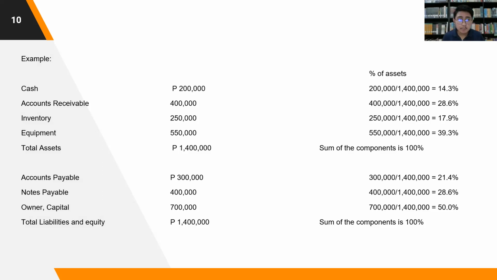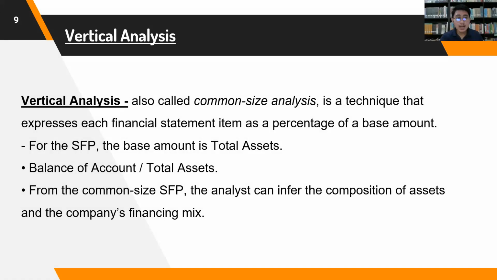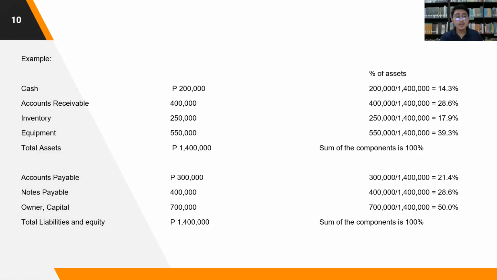Okay, so yung sa cash po natin, di ba yung formula natin is the amount? Again, the balance of the account divided by the total assets. So for example, sa cash, we have 200,000 pesos. Then yung total assets natin, kung makikita nyo, we have 1,400,000 pesos.